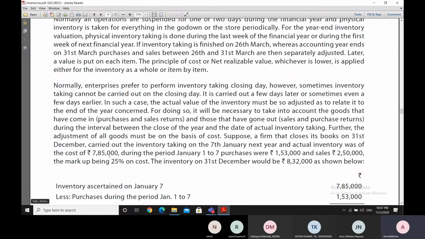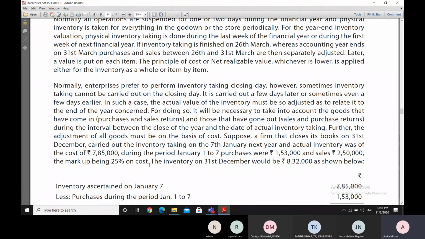The inventory came to 7,85,000 on 7th of January, but we know that between January 1 and 7, purchases were 1,53,000 and sales were 2,50,000. And the markup being 25% on cost.